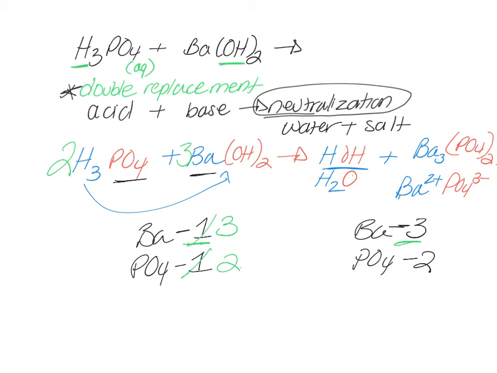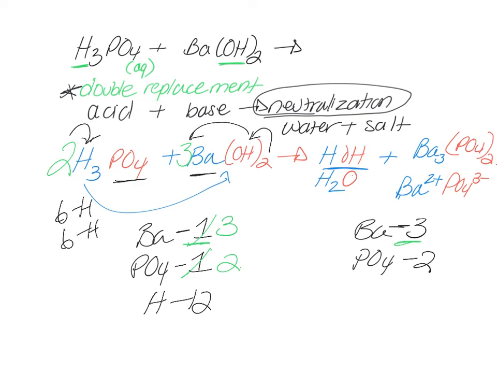Now let's count the hydrogens on this side, and then we can figure out how many oxygens we should put over here. So I have 6 hydrogens because I have 6 here. And then I have 2 times this, so I got 2 hydrogens here, and then times it by 3, so I got 6 more hydrogens. So that is 12 hydrogens.